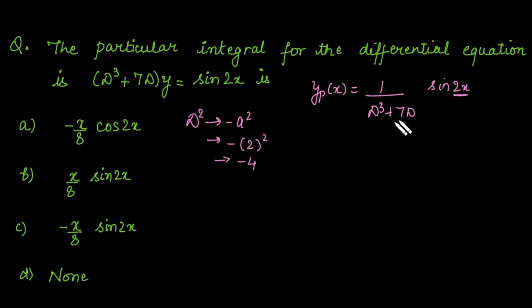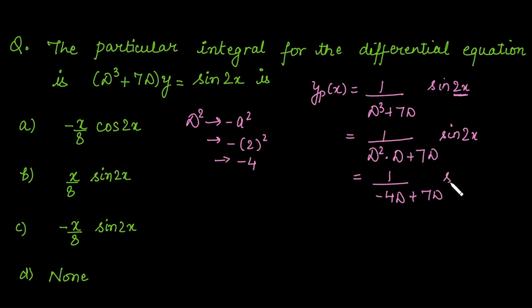Now we need to create d square over here. So we can write this as 1 upon d square into d plus 7d, sine of 2x. So now substitute the value of d square, that is minus 4d plus 7d, sine of 2x.